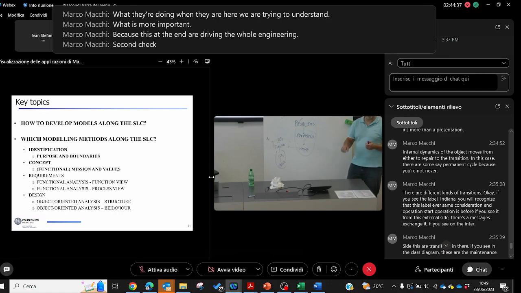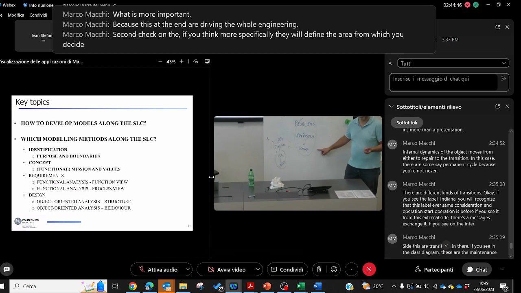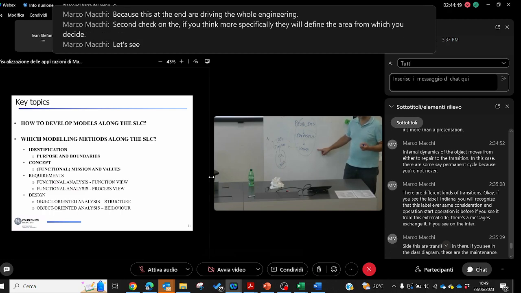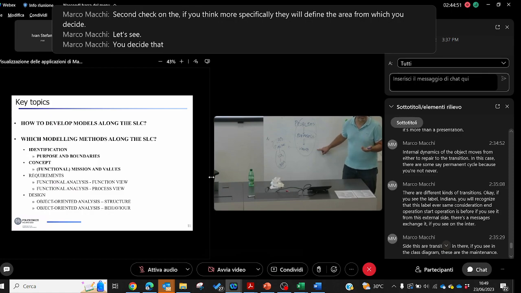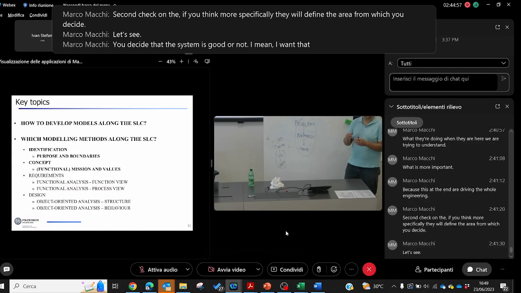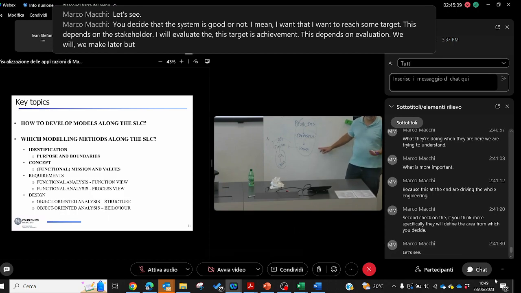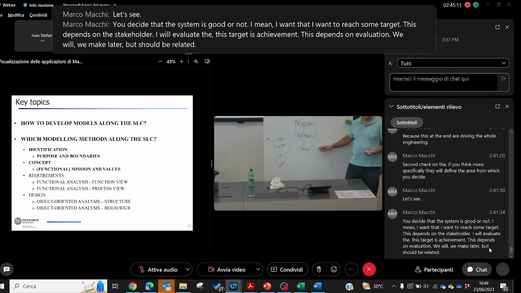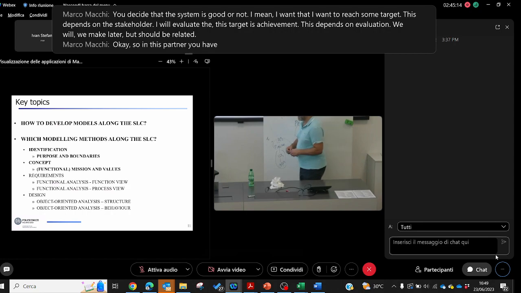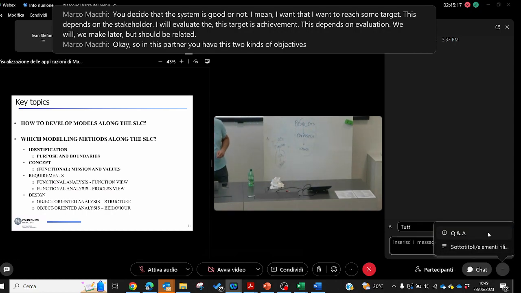Second, if you think more specifically, they may define the criteria upon which you decide that the system is good or not. I want to reach some targets; this depends on the stakeholder. I will evaluate that this target is achieved; this depends on the evaluation we will make later, but it should be related to the target fixed by the stakeholder. So in this part, you have these two kinds of objectives we would like to reach.